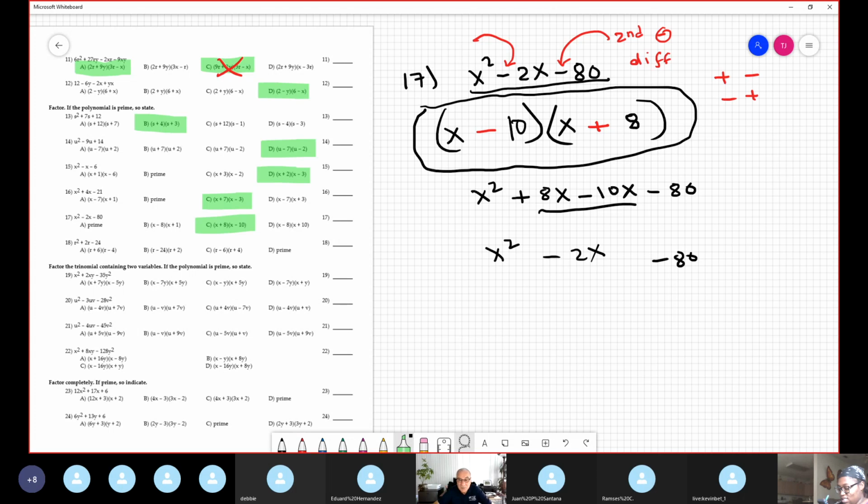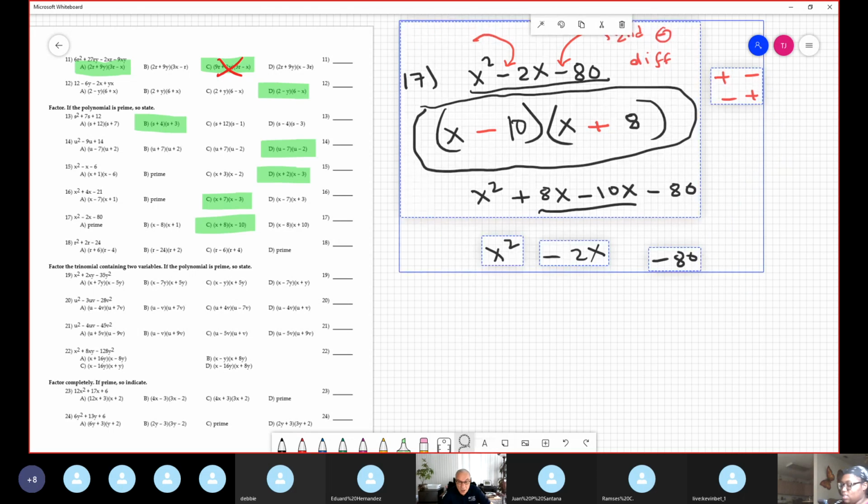And then, well, okay, let's do one more. And after that, we stop to summarize everything in the regular trinomial. Okay, one more, number 18, and stop.